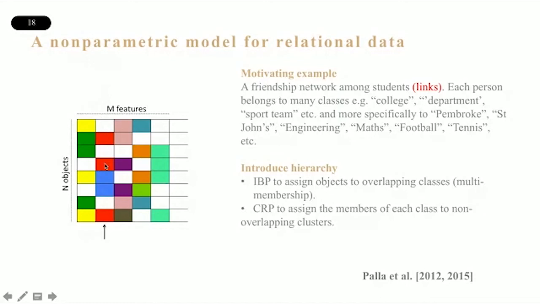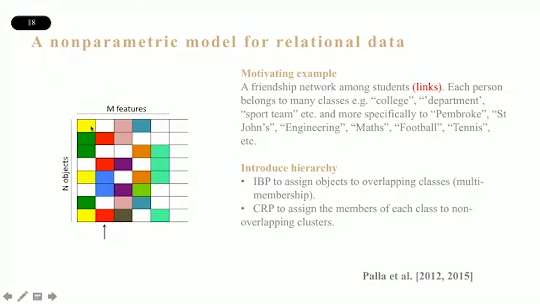I use different colors to indicate different non-overlapping clusters. For example, looking at the second class, the second, the fourth, and the last object belong to the red cluster, while the fifth and the sixth object belong to the blue cluster.